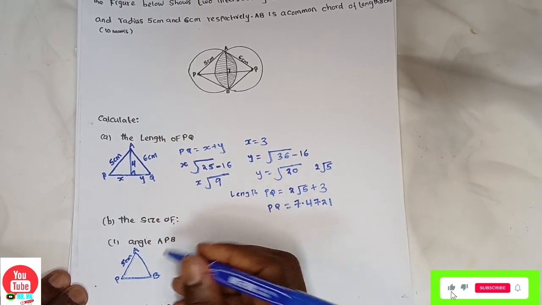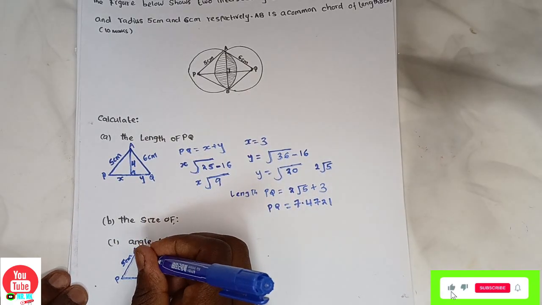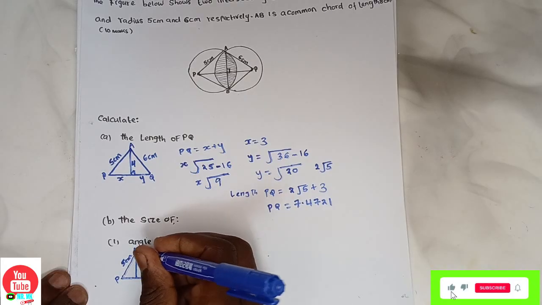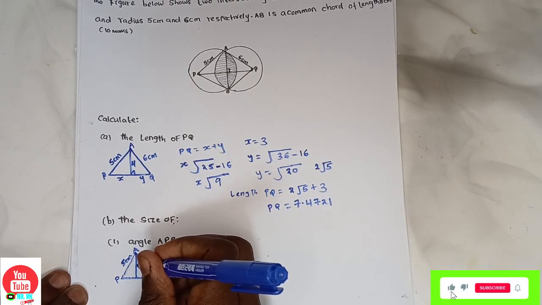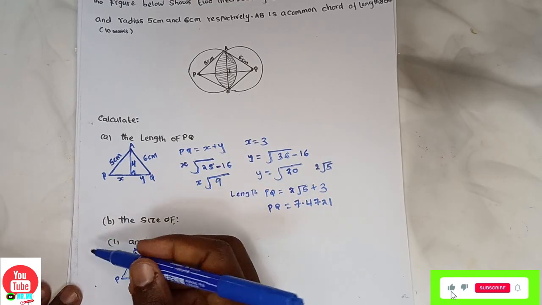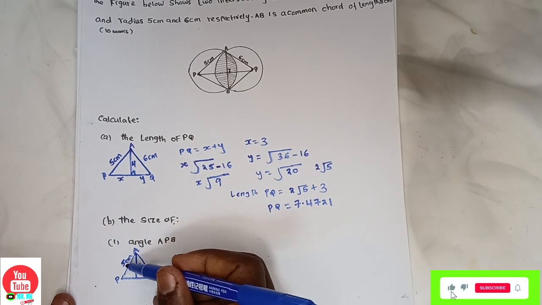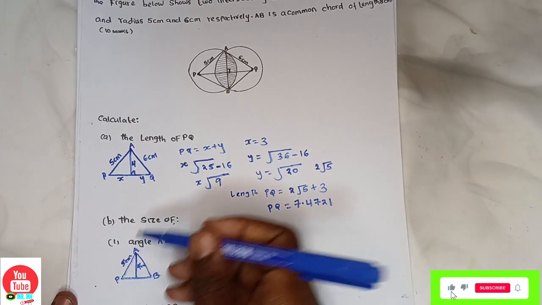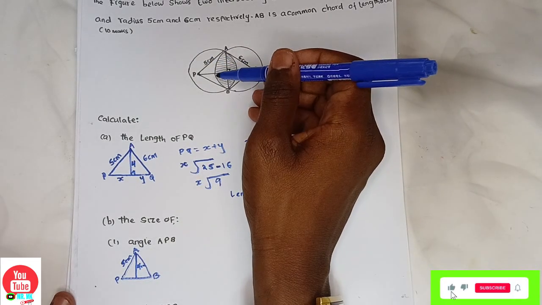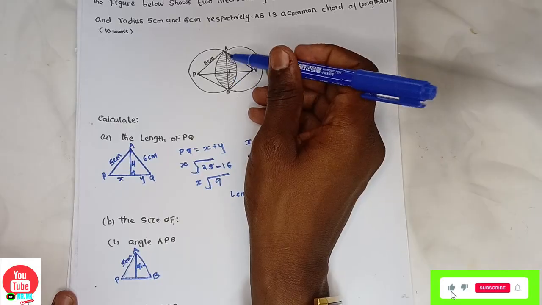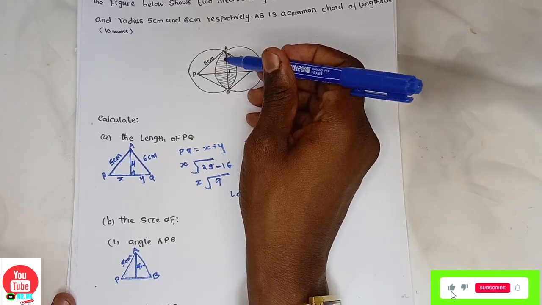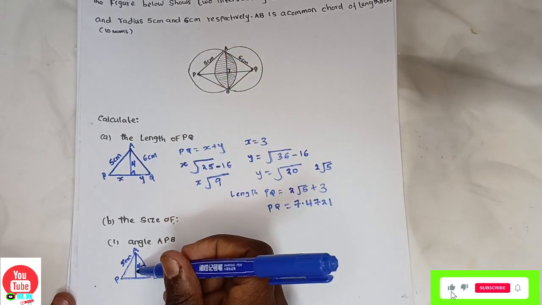And here also, we have 4 centimeter. The length of A to P is 5 centimeter, and the length of the common chord we have 8 divided by 2, that is 4.